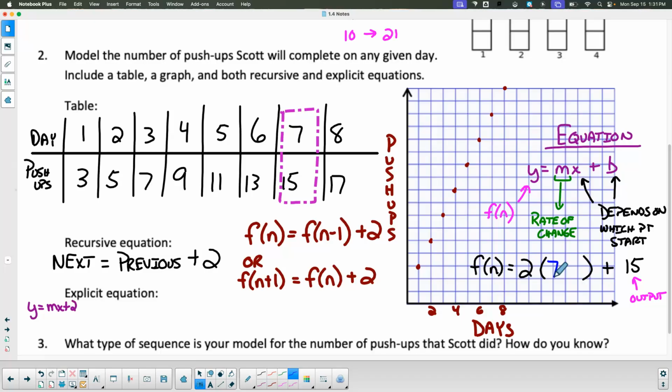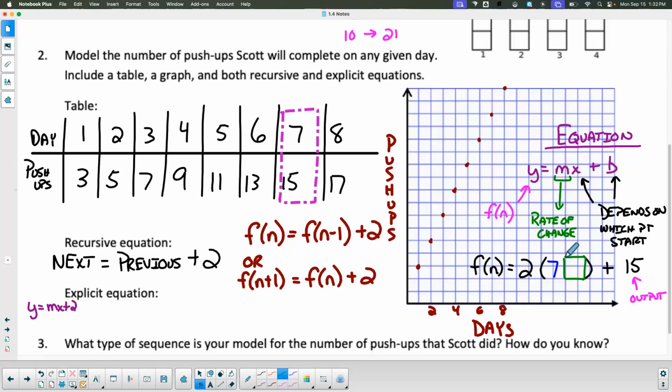Right away I have to change something. Sorry about that. I'm going to have to put something in here so that my output is still 15. Right now, 2 times 7 is 14, plus 15 is 29. 29 is not 15.